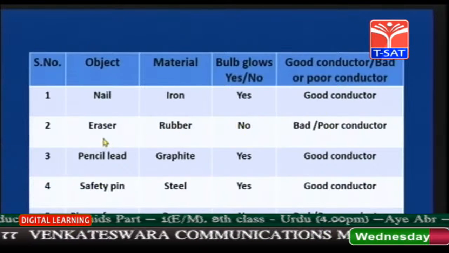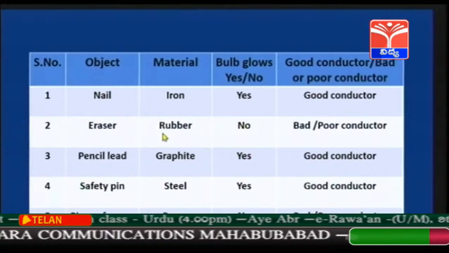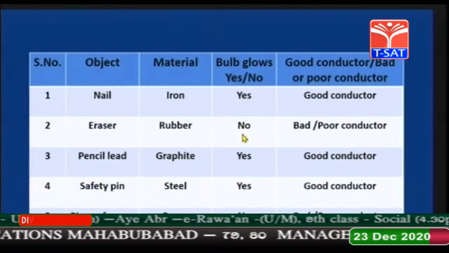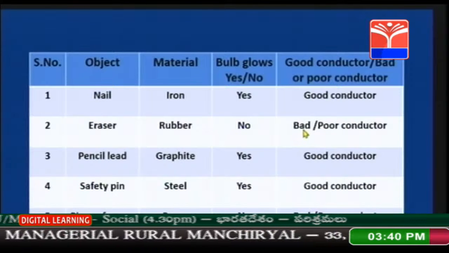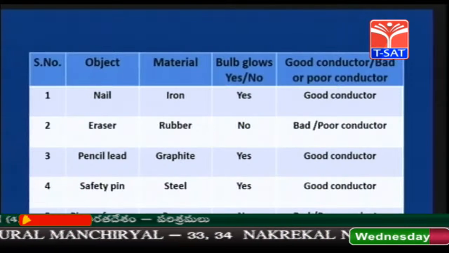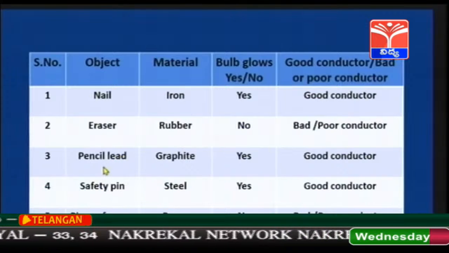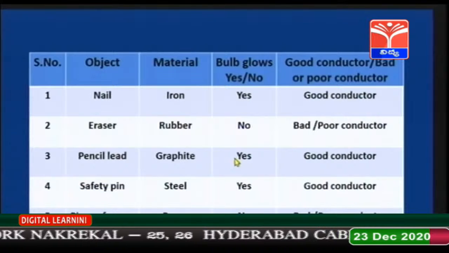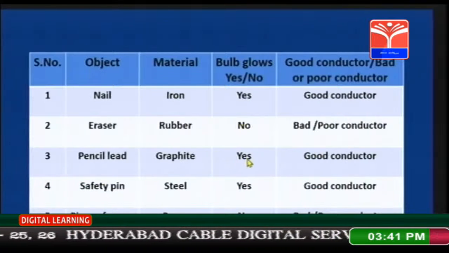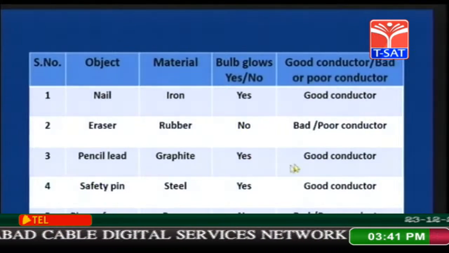And then we have used an eraser which is made up of rubber. We have seen that the bulb does not glow, which means rubber is a bad or poor conductor of electricity. Similarly, we have taken a pencil lead which is made up of graphite, and yes, the bulb has glowed in this case, which means graphite is a good conductor of electricity.